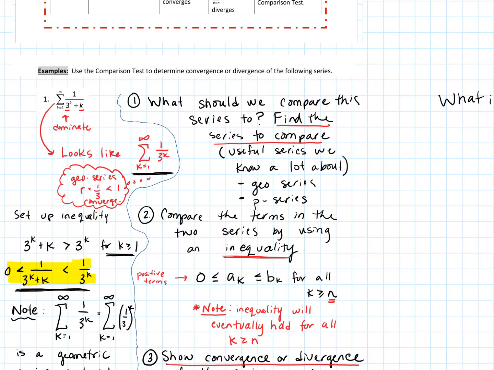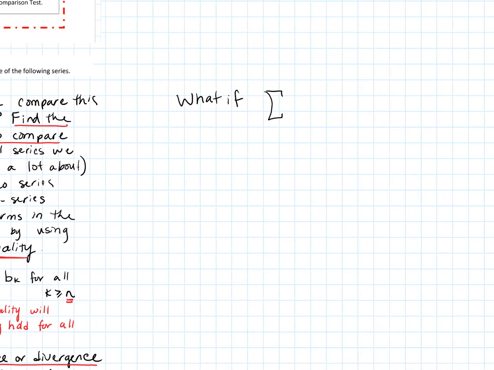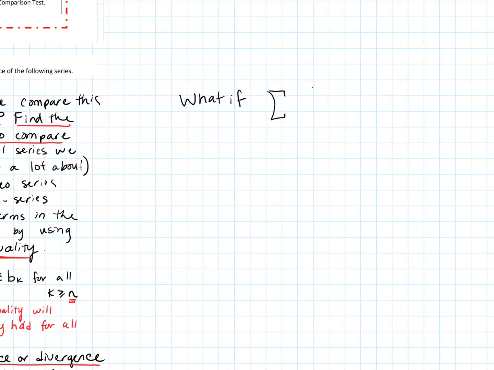We got 1 over 3 to the k plus k. What if I had something just slightly different? What if I subtracted k instead of adding k? It's almost exactly the same, but this has now changed to a minus.